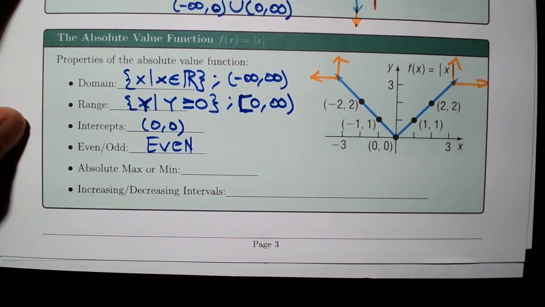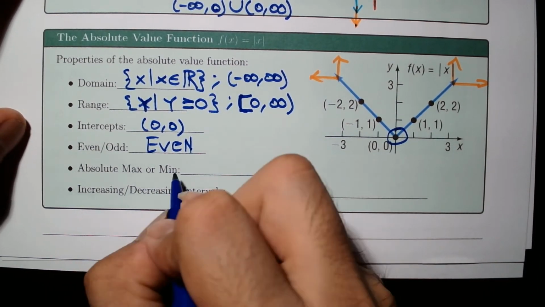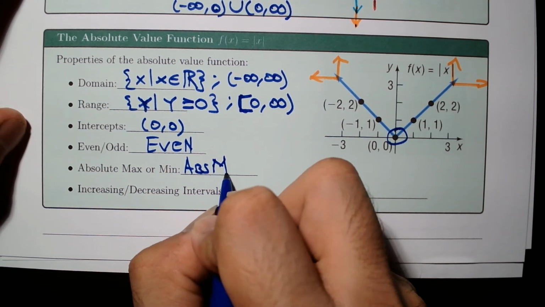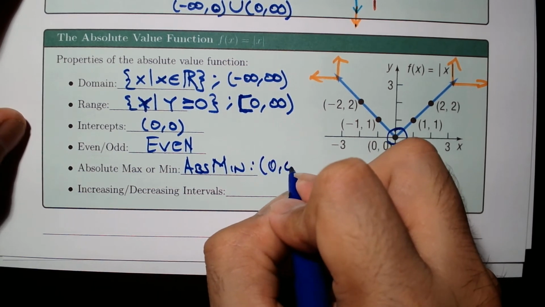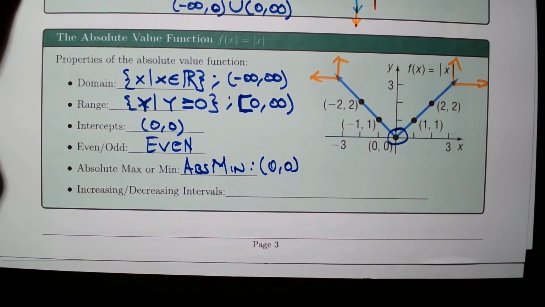Do we have an absolute max or an absolute min? Well, we don't have an absolute max, but we have this absolute minimum point, which in this case is the origin again. Is it increasing, decreasing? Do we have intervals in which it's increasing and decreasing? Yes.